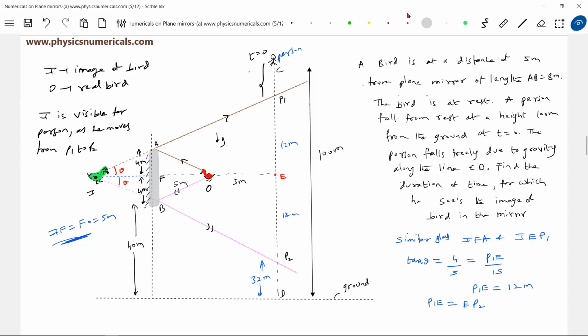The sum of these two will be 24. 24 plus 32 will be 56. If you remove 56 from 100, this height will be 44 meter.